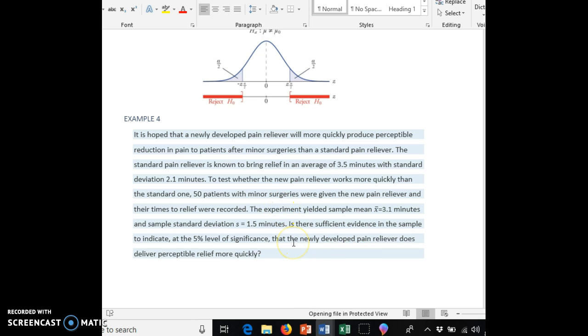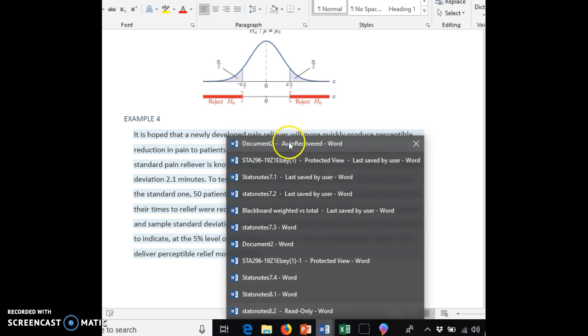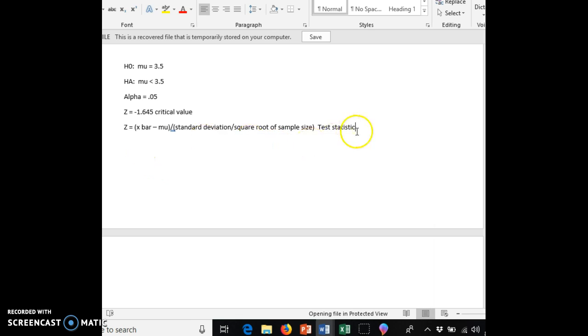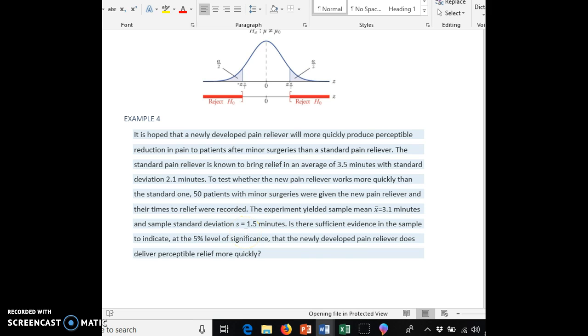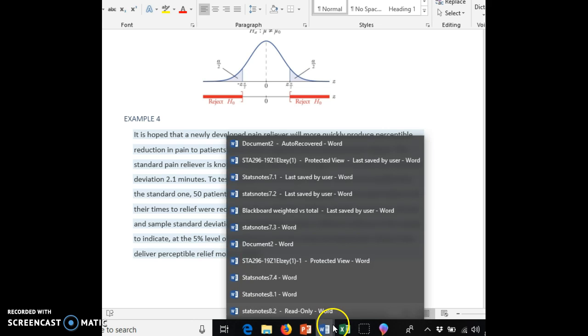If we look at our sample, X bar was 3.1 and the standard deviation was 1.5. So we're going to have 3.1, and our mu is up here in the null hypothesis. It's 3.5. And our standard deviation, if we go back, was 1.5.